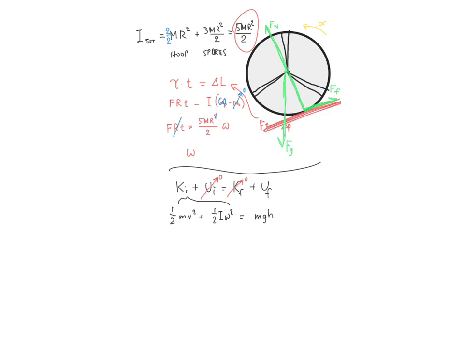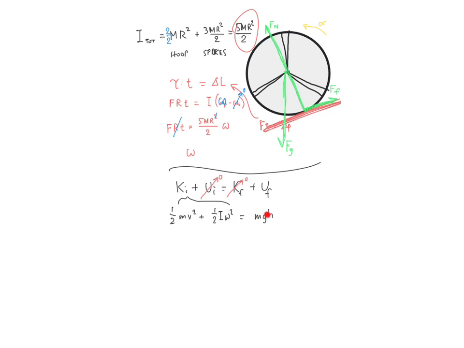So if you plug in the I, which is the I from up here, and then replace this v with an R omega, so that now everything is in terms of omega, it would appear that you would have the right answer, except there's one thing that is going to mess a lot of people up with this question, and that is, what does this M represent?